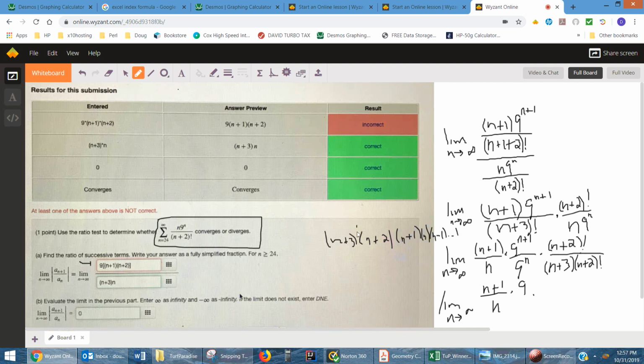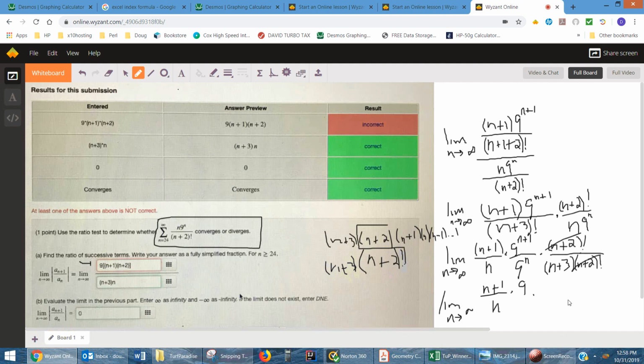But the key is that this part right here can be written as n plus 2 factorial. So I can separate n plus 3 factorial into n plus 3 times n plus 2 factorial. And that means that these cancel out.